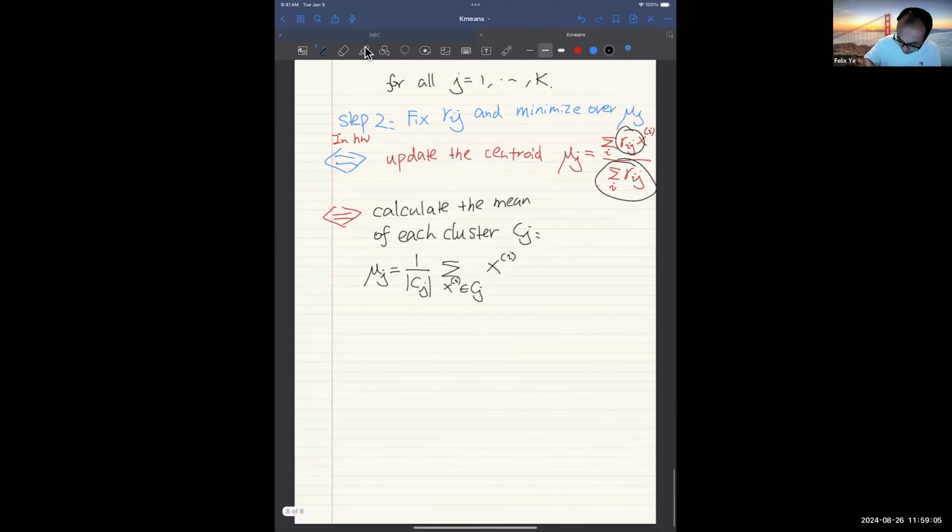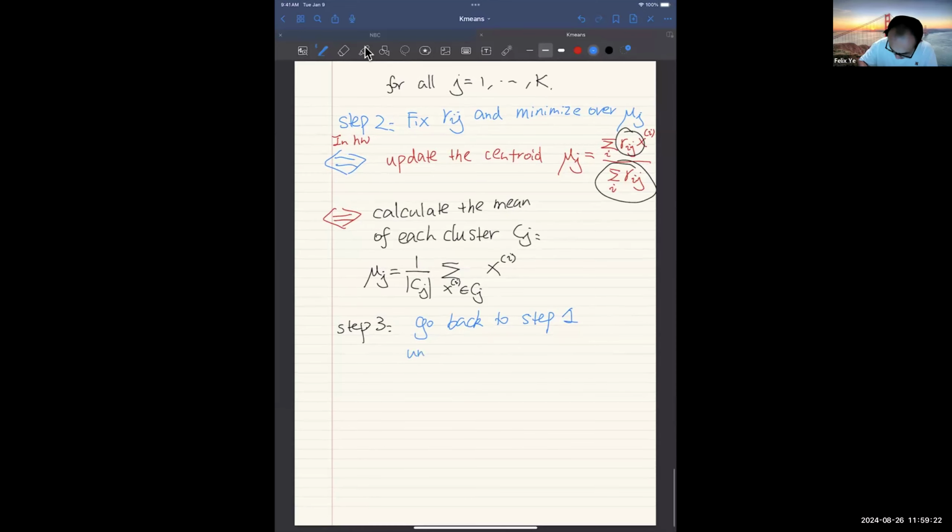Then step 3 is we go back to step 1 until some stopping criterion is met. This stopping criterion is usually that this mu j doesn't change too much after the step 1, step 2 iterations.